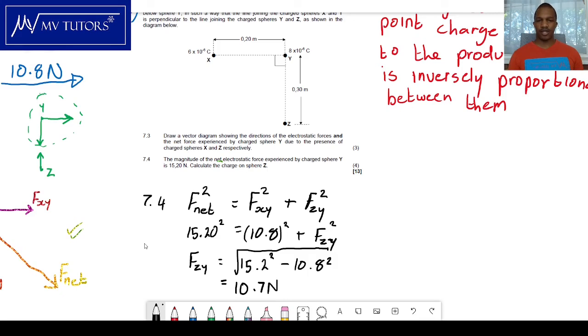But hang on a sec, what did they want? Calculate the charge of sphere Z. So we are not done.